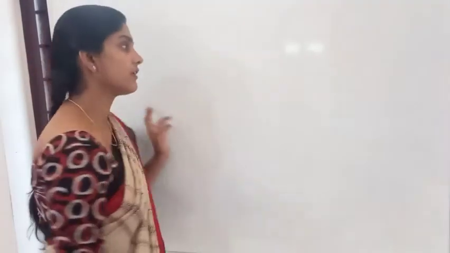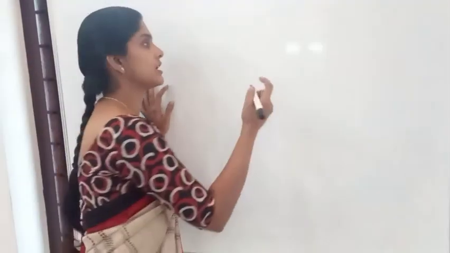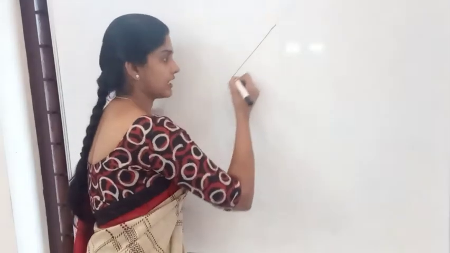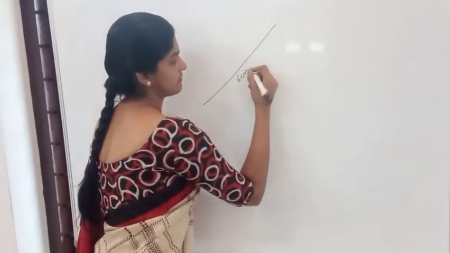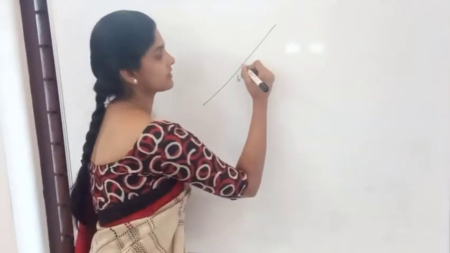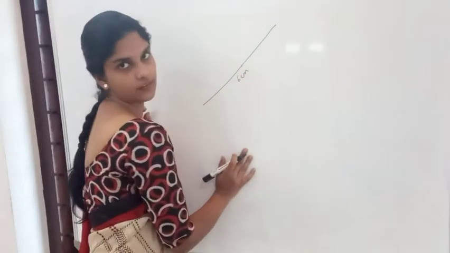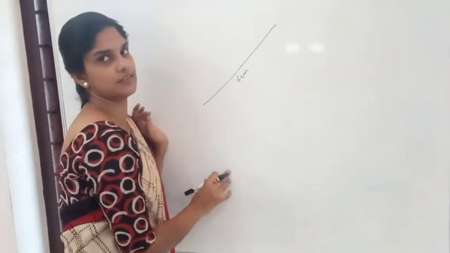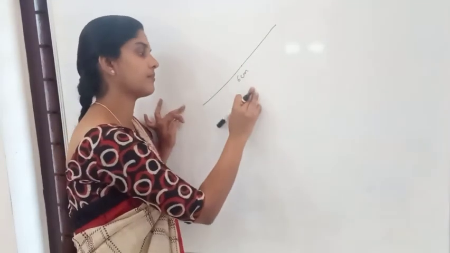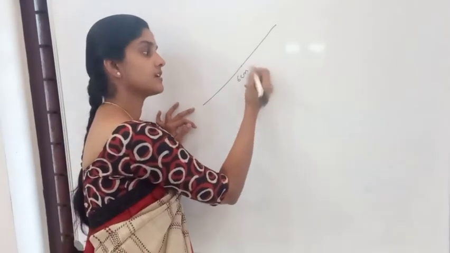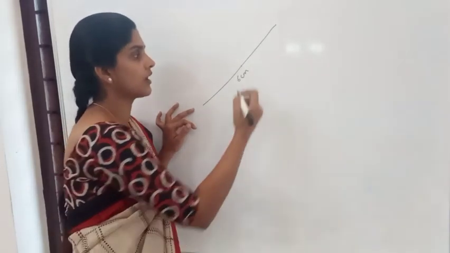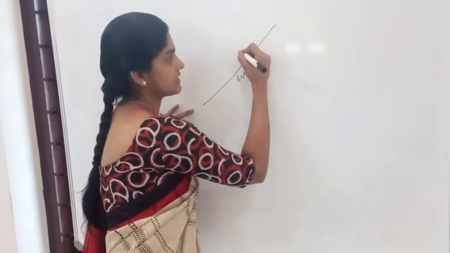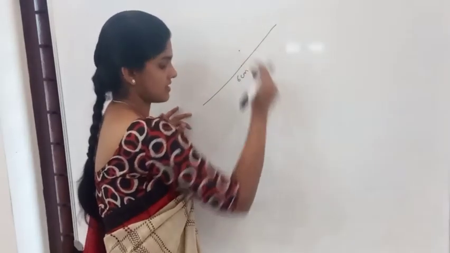Okay. Now let us see if we can draw a diagonal of 6 centimeters. We shall mark the midpoint. The midpoint will be 3 centimeters, because it's 6 centimeters. I am marking it simply. Now instead of 30 degree, I shall take it as 40 degrees.